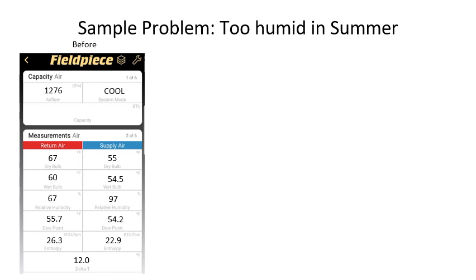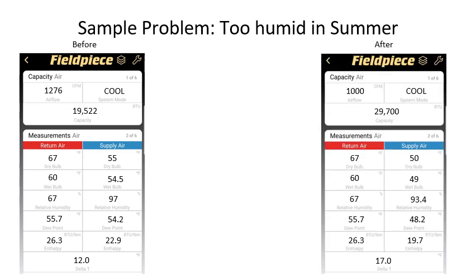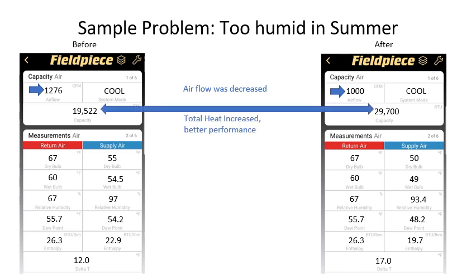So here were our measurements before we made the adjustment. And here's what we have afterwards. Notice the differences. Our airflow was decreased. We changed our speed tap from speed tap 5 to speed tap 1, so we drastically reduced the speed of that fan. But look what effect it had.